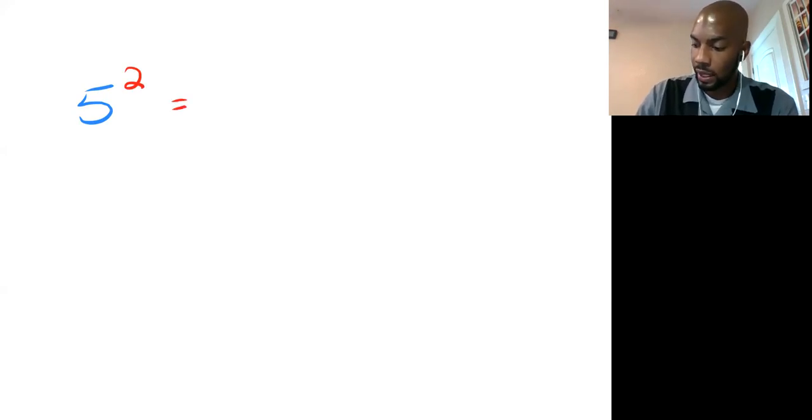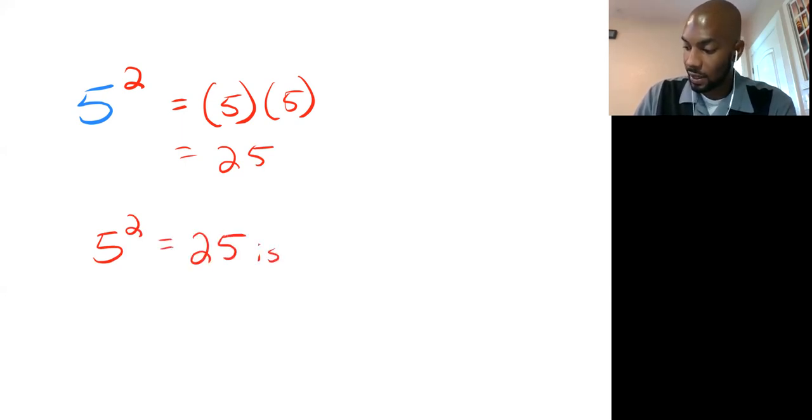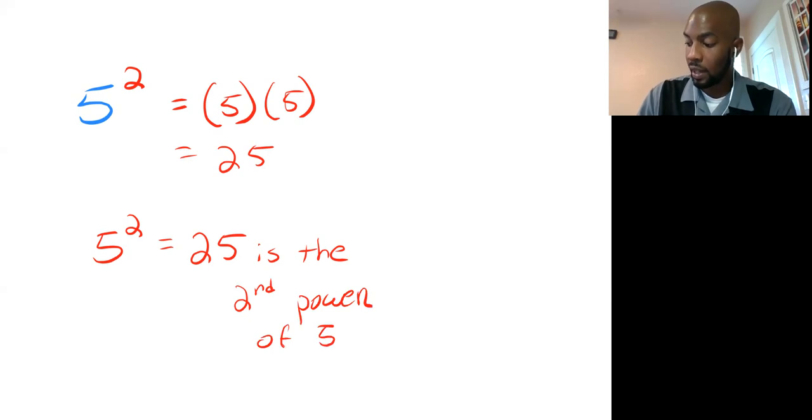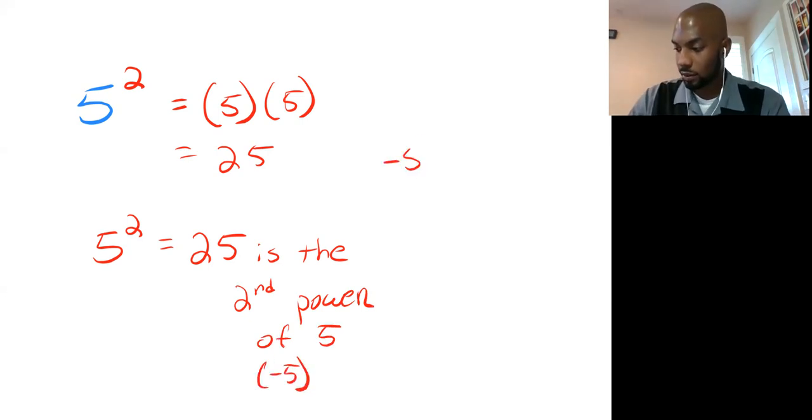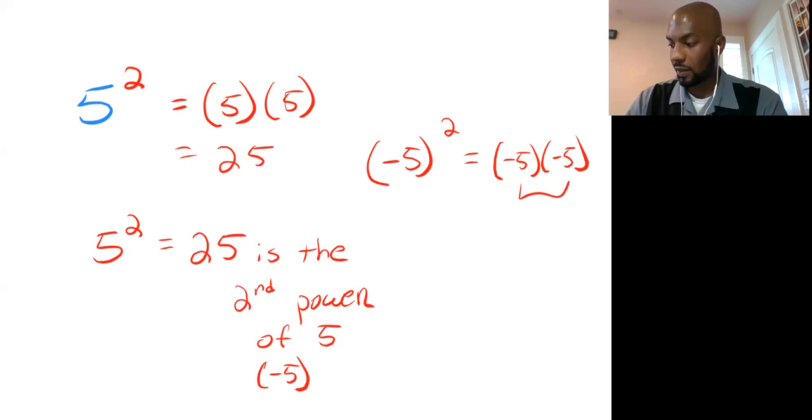You would say, well, it's 5 times 5, which is 25. So 5 to the second power is 25, or 25 is the second power of 5. It's also the second power of negative 5, as we have shown. Negative 5 squared is negative 5 times negative 5. Negative 5 times negative 5 is positive 25.